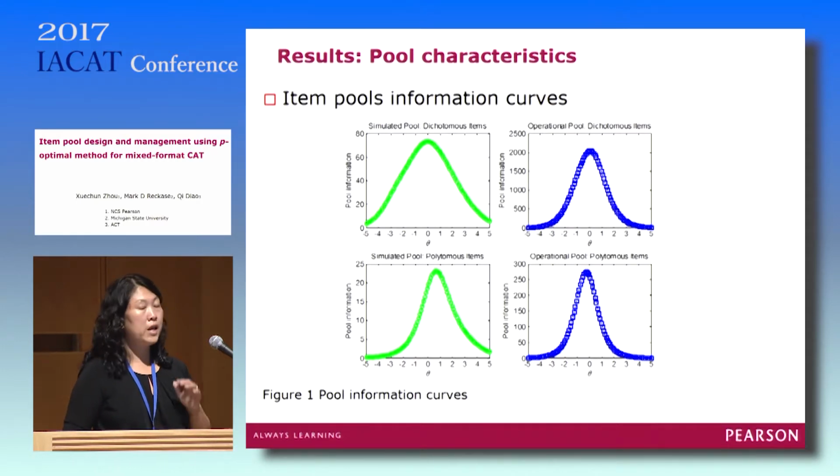So this is pool information, and because the operational pool has many more items than the simulated pool, it doesn't make much sense to look at the absolute value of the pool information. But we can see they pretty much have similar shapes, but the simulated pool is flatter than the operational pool, which corresponds to what we saw in the previous slides, that the B parameter is more spread out in the simulated pool.